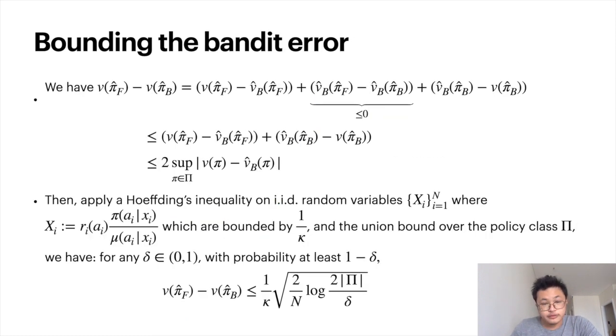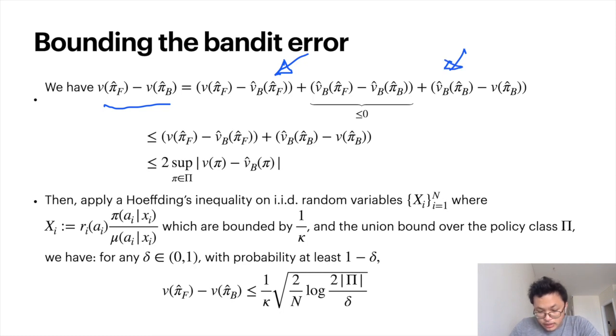Now we move to the third term, the bandit error. The step is quite similar to the previous step, but with a little modification. Here we also decompose the bandit error into three terms by adding and subtracting this term and this term.